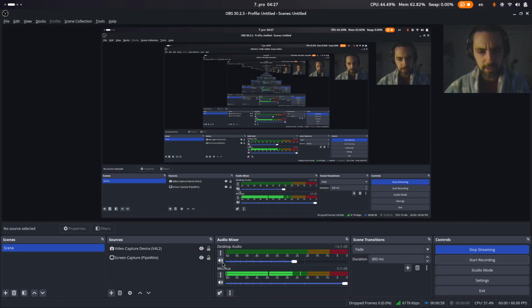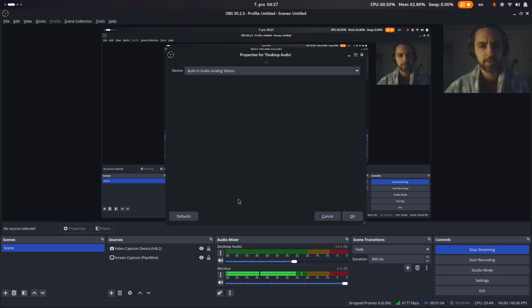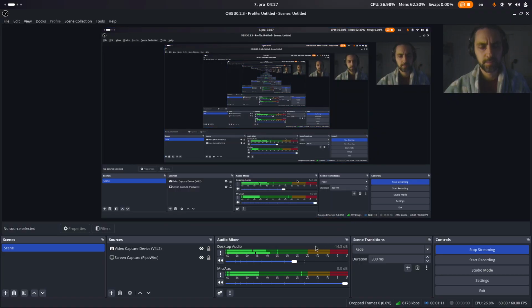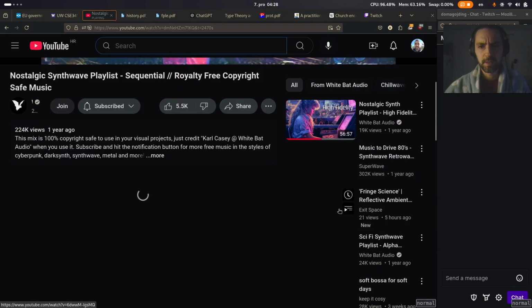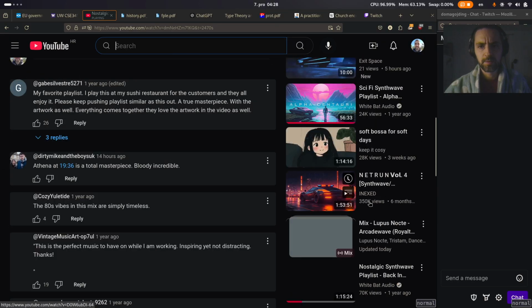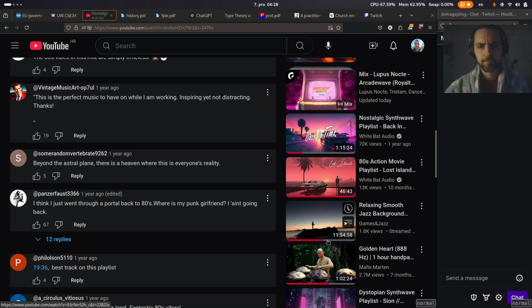Oh, it's not showing it here. Interesting. Oh yeah, advanced properties. Vocaster. Put this actually.